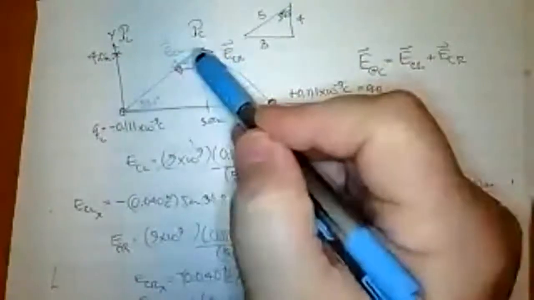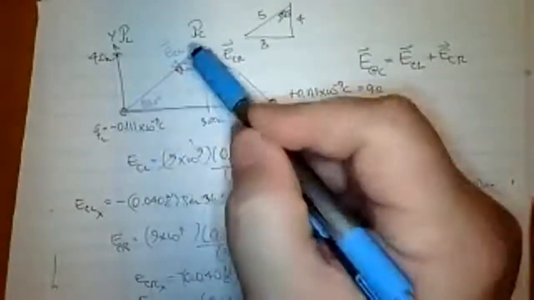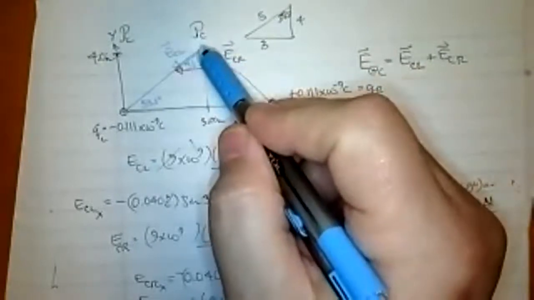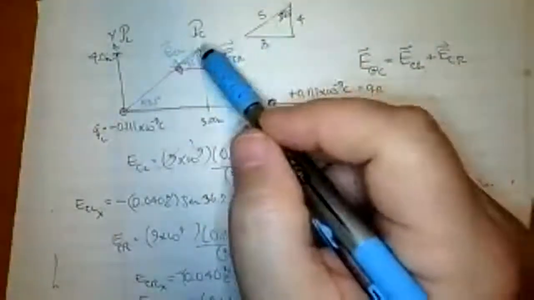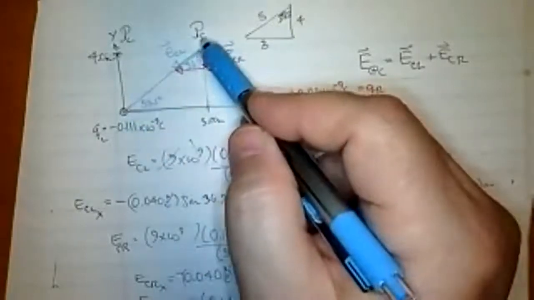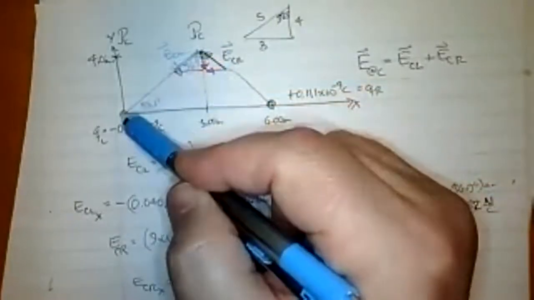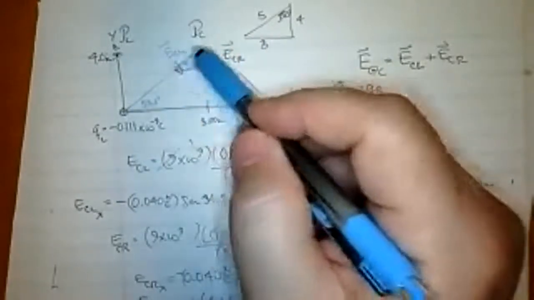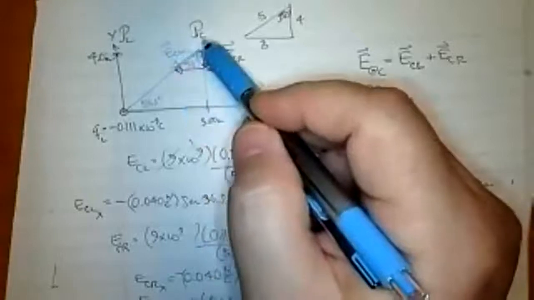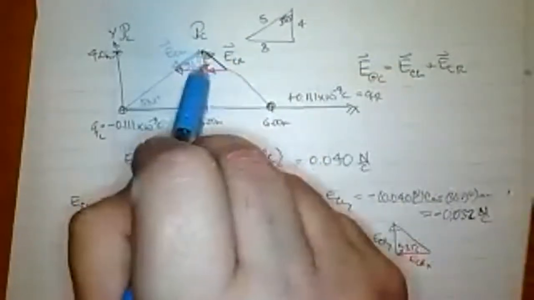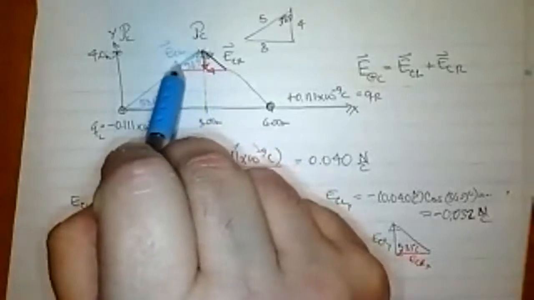It was just determining which way the x component was, either positive or negative. Okay, so when we were talking about just this charge causing an electric field here, what we imagined was putting a positive charge here, and that positive charge would be attracted to that negative charge. So that positive charge would want to go this direction. If I wanted to go along this vector from tail to head, if I first went along the y-axis, I'd have to go down, and then along the x-axis, I'd have to go to the left.